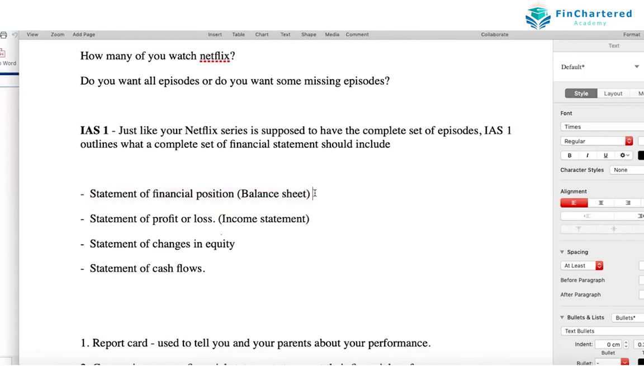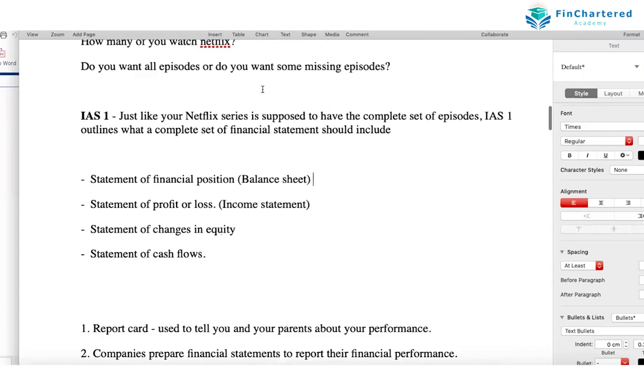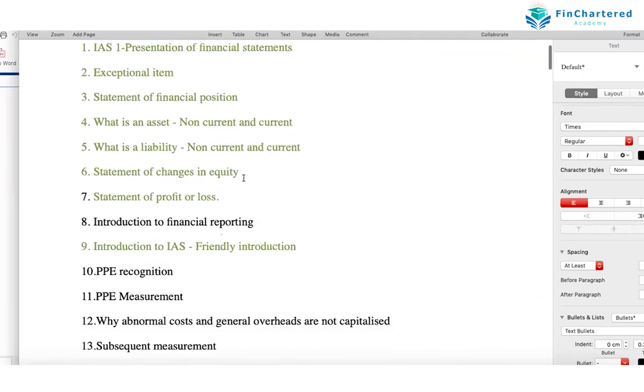Now in this paper, with the help of our friend, remember IAS, we will learn how to prepare these financial statements step by step, line by line, item by item. That is all FR is about. That is the introduction to financial reporting.